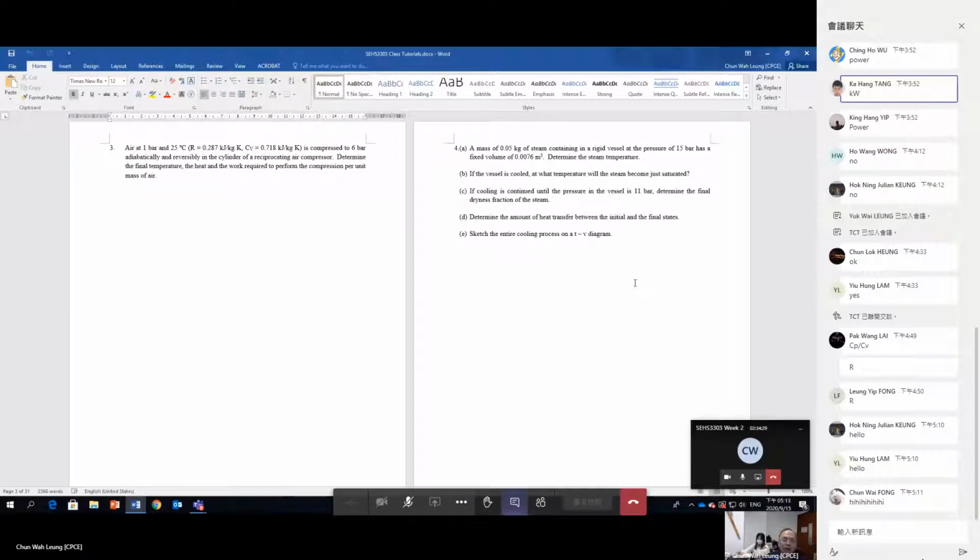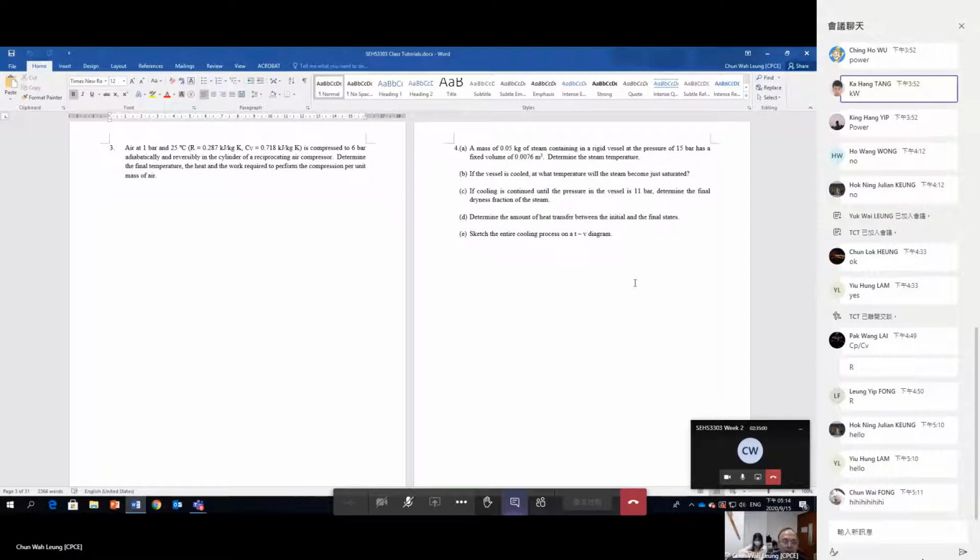So therefore, we have a perfect gas going through a non-flow process. What kind of process it is? Adiabatic process. So therefore, it is a process having P times V to the power gamma equal constant. And then, what are the given data?